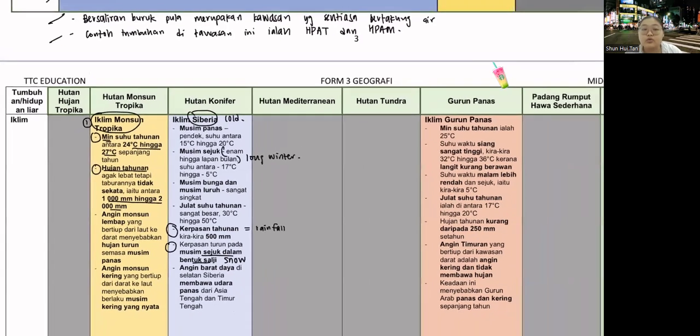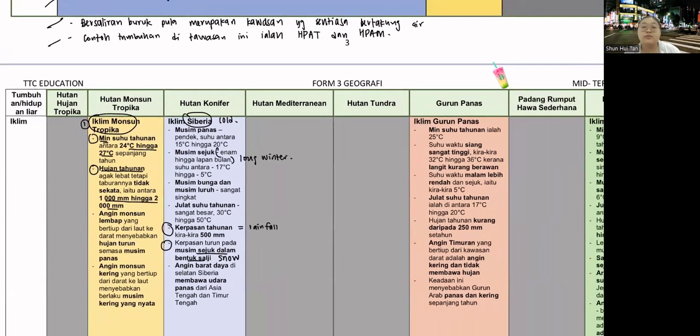Now, for hutan gurun panas, you learned gurun panas before. Okay, you learned that. Now, iklim gurun panas is for gurun panas. And they might ask you why certain plants and animals live in gurun panas? Then you may say it's because of lesser rain.